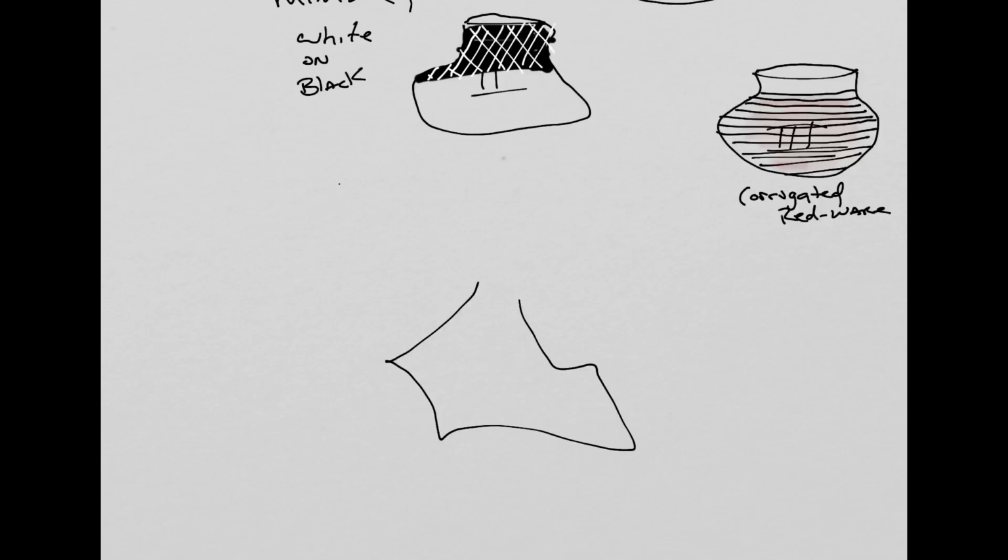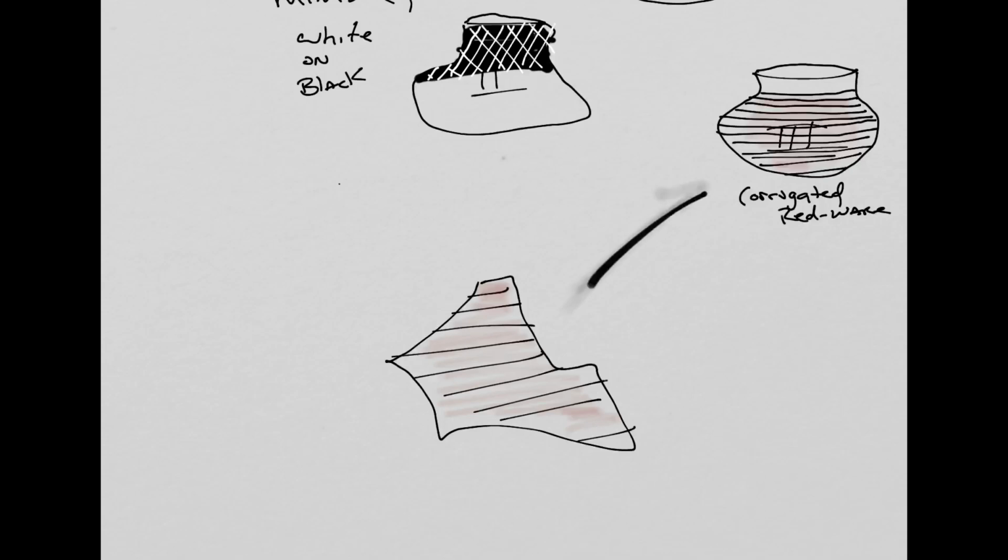Then if they came to another archaeological site and they only found potsherds, they could take a look at the potsherd and they could say, aha, this seems to match my style of corrugated ware.